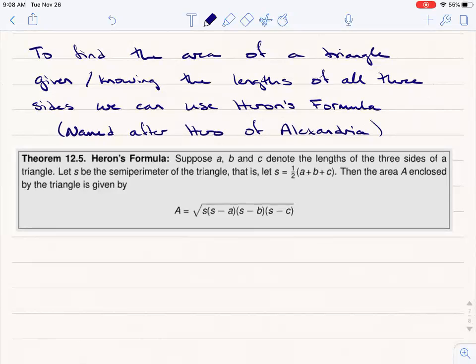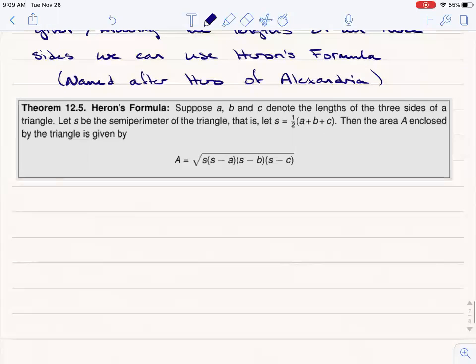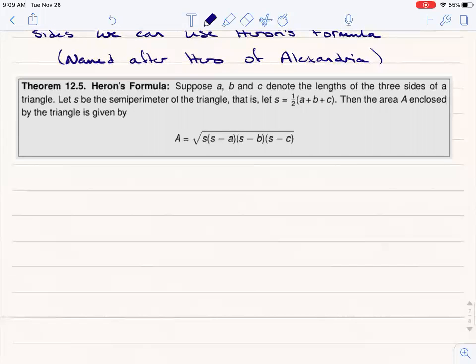Half of that is 1/2 times A plus B plus C. Then the area A enclosed by the triangle is given by the square root of S, the semi-perimeter, times S minus A times S minus B times S minus C. I'm sure you could work it backwards to find that other area formula. But in general, as long as you know the lengths of all 3 sides, you can just use this formula. Which is pretty cool.